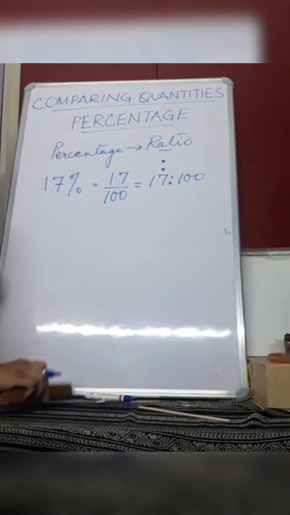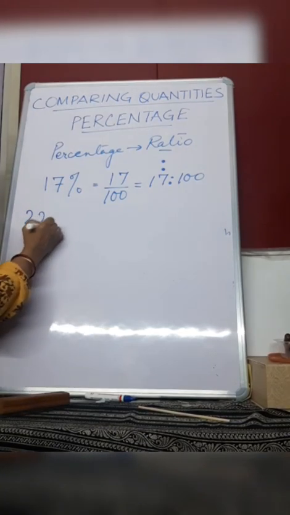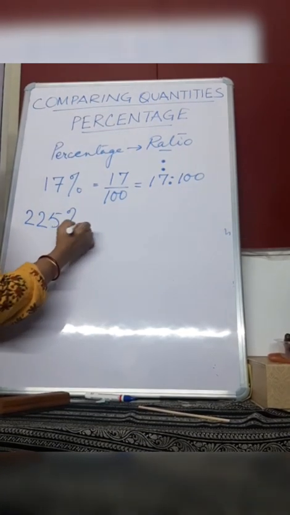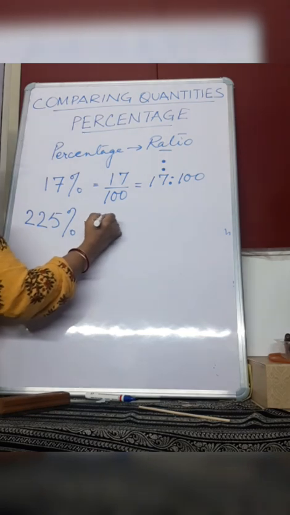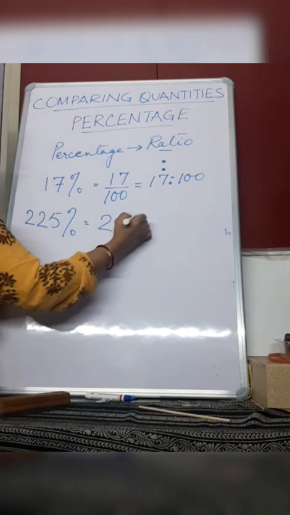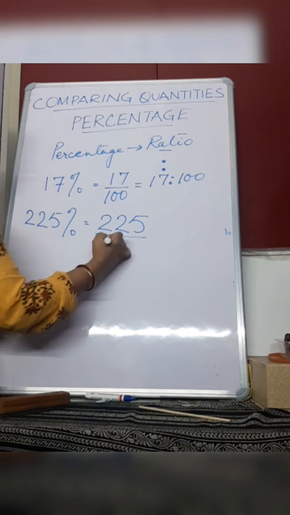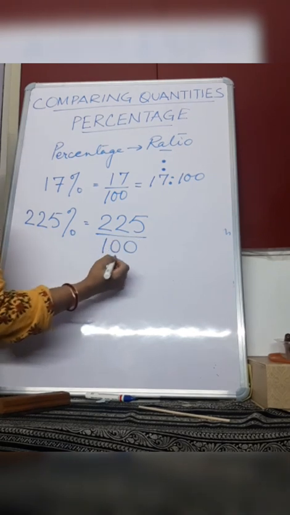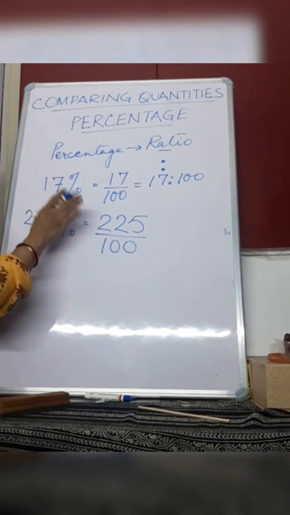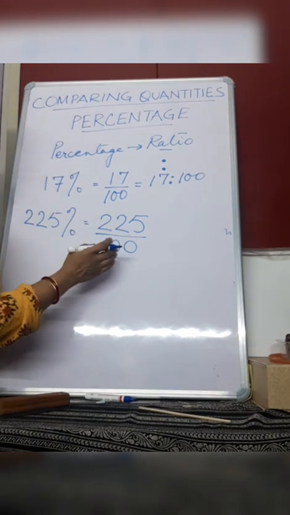But if the percentage is, say, 225%, first we will change it into fraction. Write it in the form of fraction. Then we reduce it into lowest term.